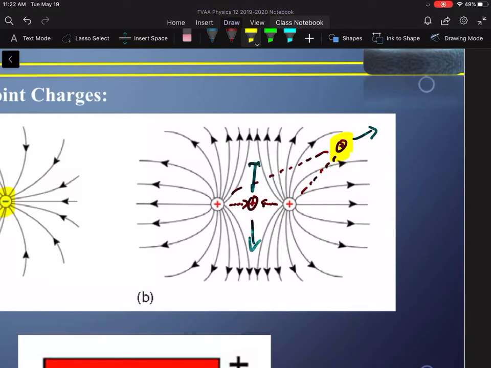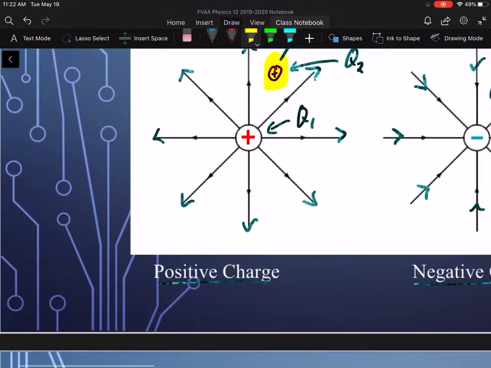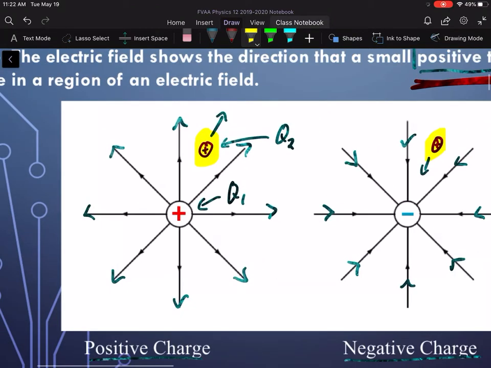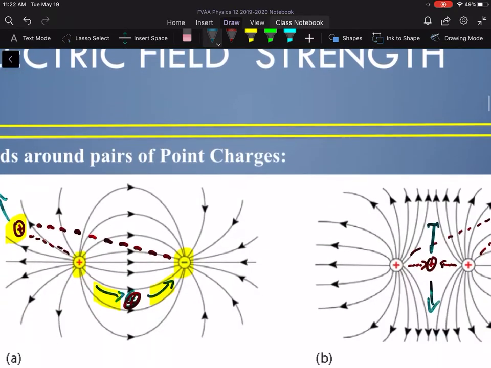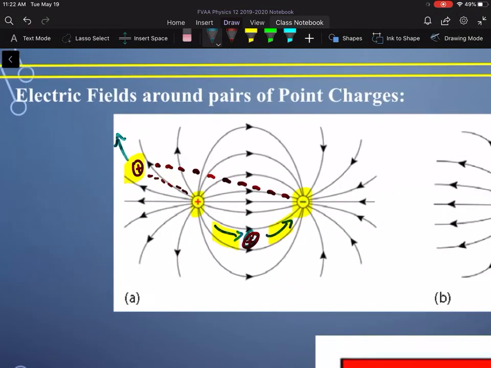Now here, the reason why that test charge isn't impacting the shape of the electrical field in these diagrams is because the positive test charge is small, and the effects on the electrical field itself are negligible. Whereas here, these two sources of the field are not negligible. That's why the field shape changes, but the test charge doesn't affect the shape of the field.